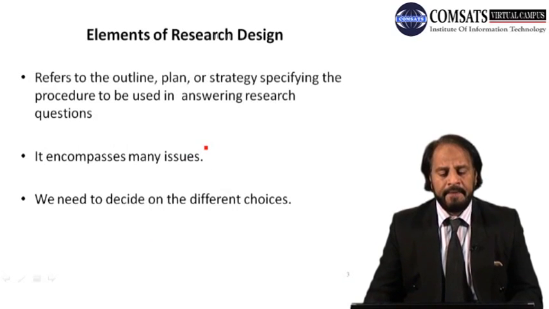As I said, the elements of research design refer to the outline, plan, or the strategy specifying the procedure to be used to answer the research question. So we are basically planning the procedures we're going to use to conduct the research. And there are different issues we will be talking about. Of course, all these issues will be in the context of the research and how related to the research process.